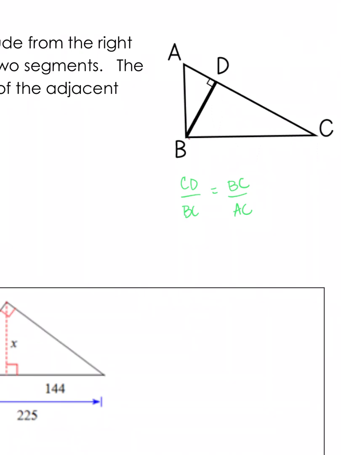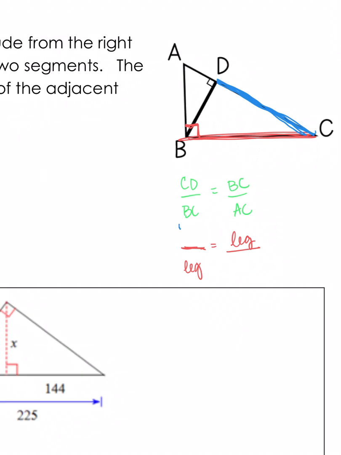So this time BC, which is our geometric mean, is actually a leg of the original right triangle. So we're going to put this over a leg, and that's equal to a leg over. Okay, and then we know that CD is the part of the hypotenuse that is adjacent to the leg, meaning that this part of the hypotenuse actually touches the leg.